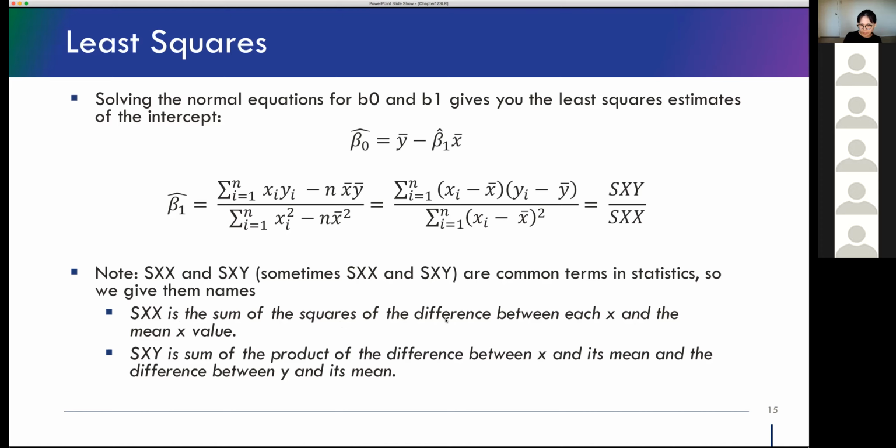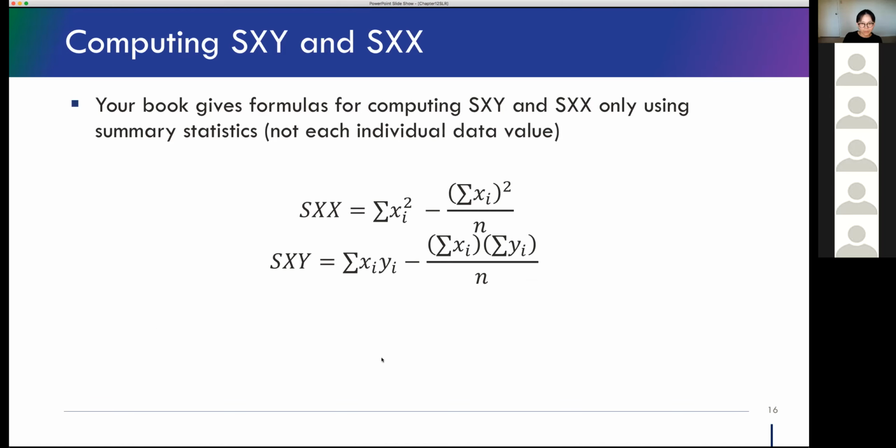In words, SXX is the sum of squares of the differences between each x and the mean x value. You take the square of them and sum them up. And SXY is this. We can actually write it in an easier, cleaner format, just get it from the book.